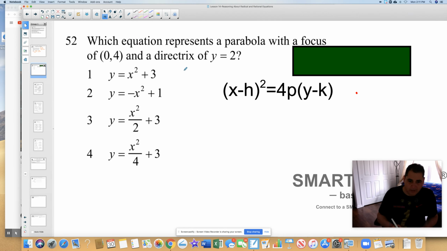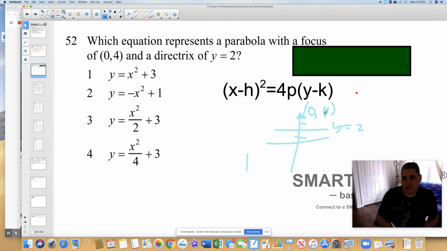All right, so I'm going to make little x and y axes. I'm going to plot my directrix, which is y equals 2, and my focus point, which is 1, 2, 3, 4. Now you remember how this works, right?